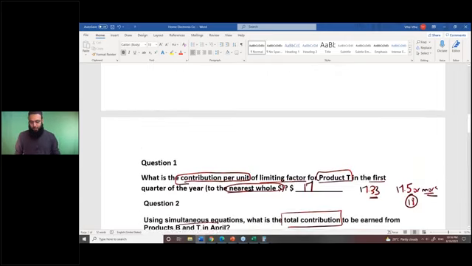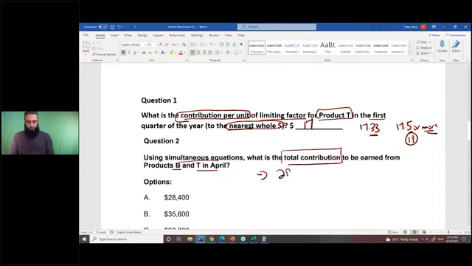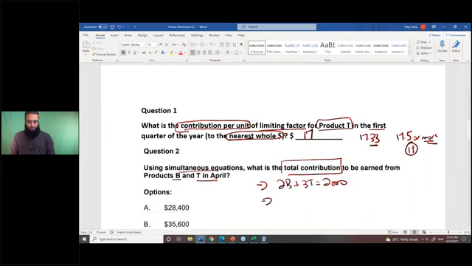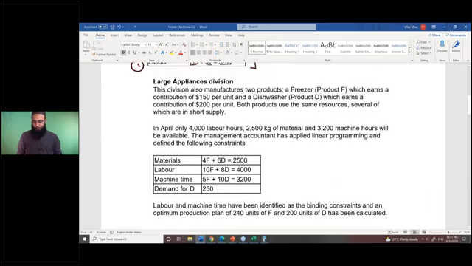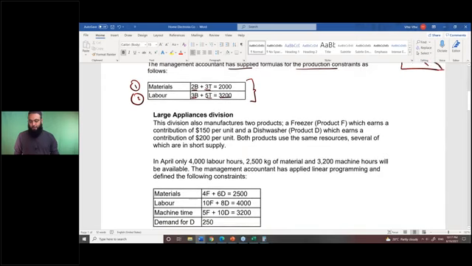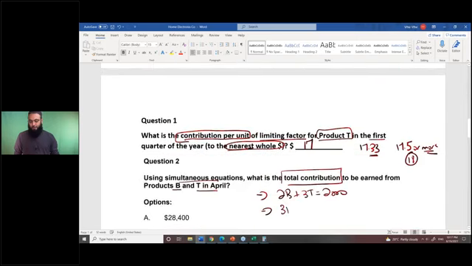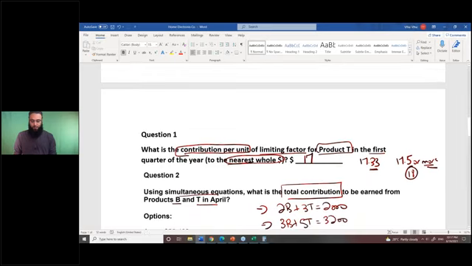It's 2b plus 3t is equal to 2000. And the second one was 3b plus 5t is equal to 3200.